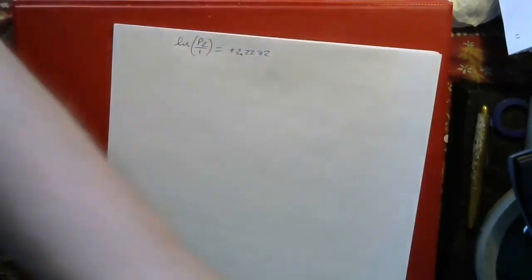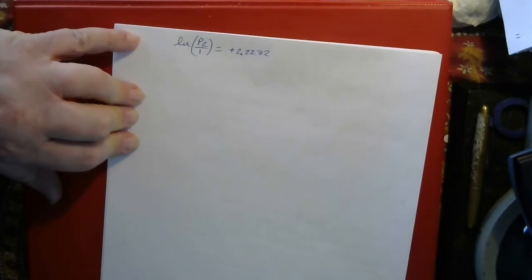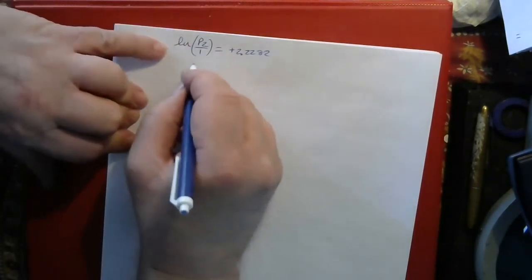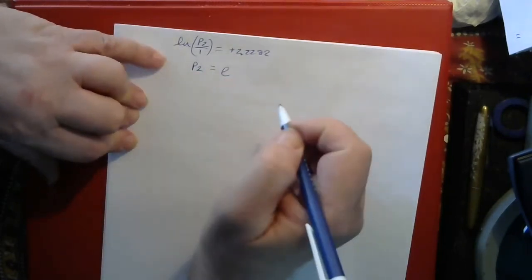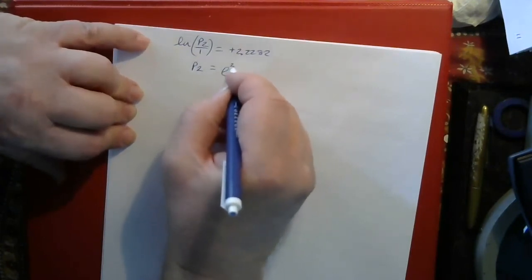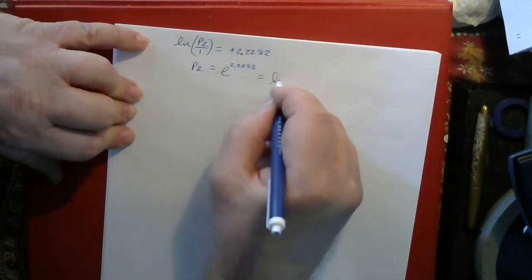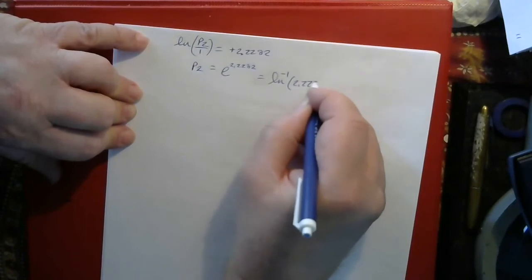And so what we need here is to find out what's inside the parentheses. P2 over 1, or just P2, is going to be the base of the natural log system, which is e, to the 2.2282, or inverse natural log of 2.2282.